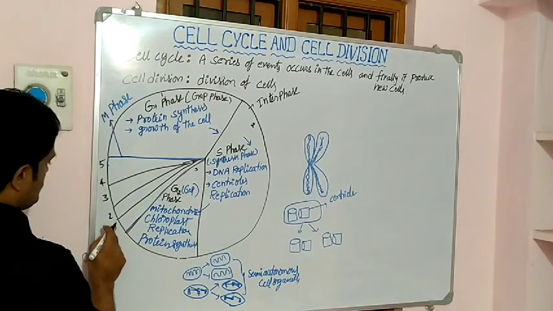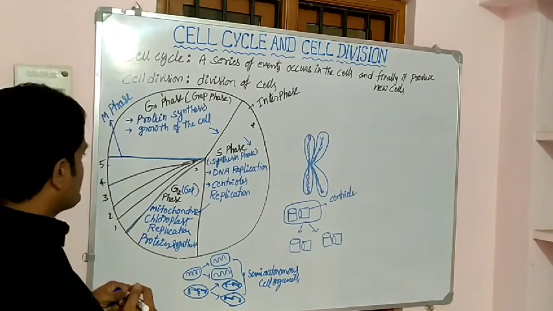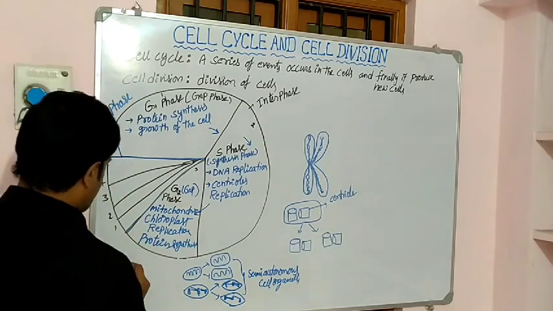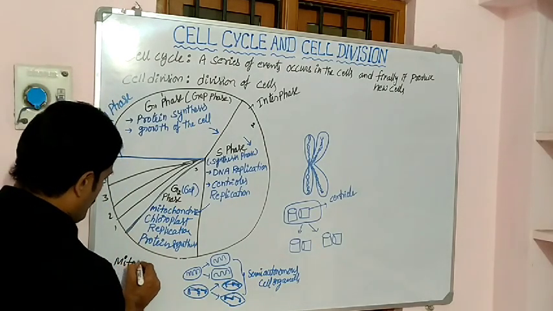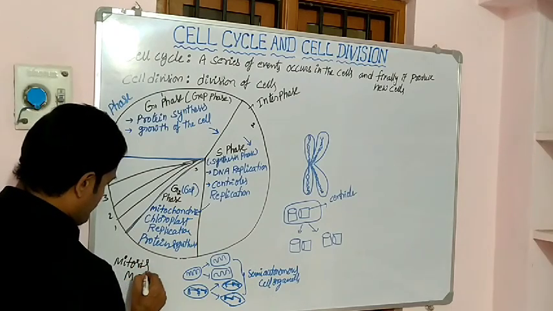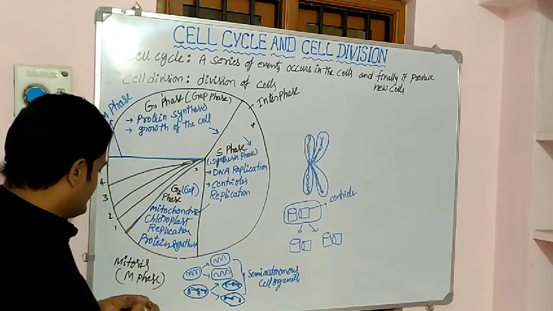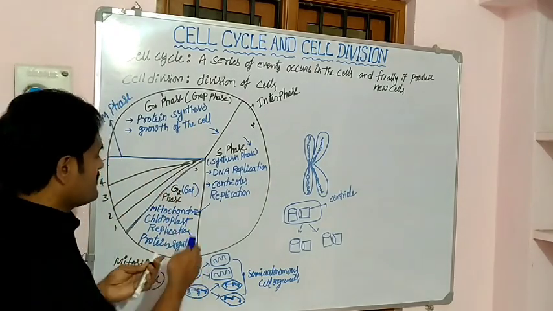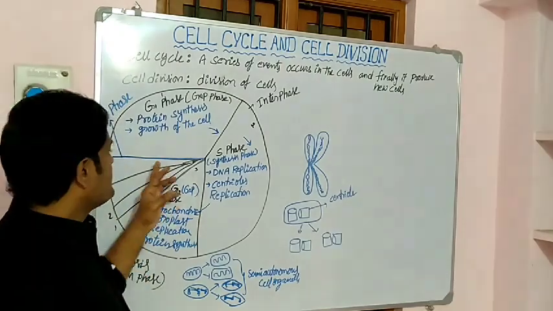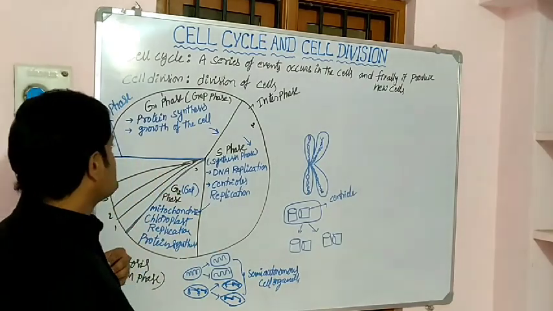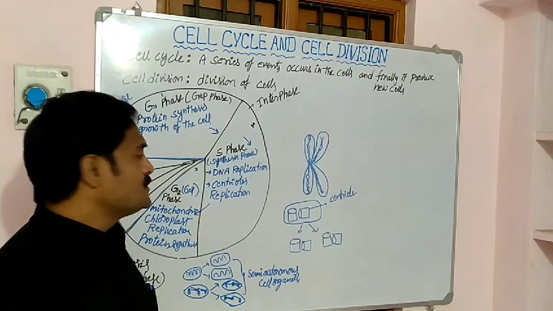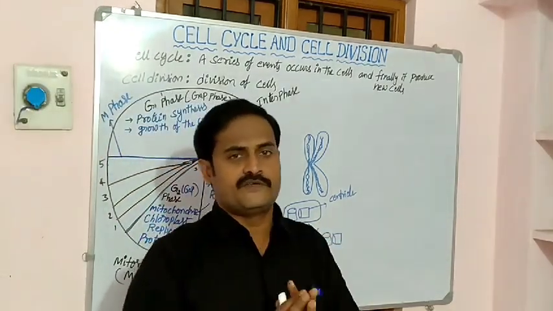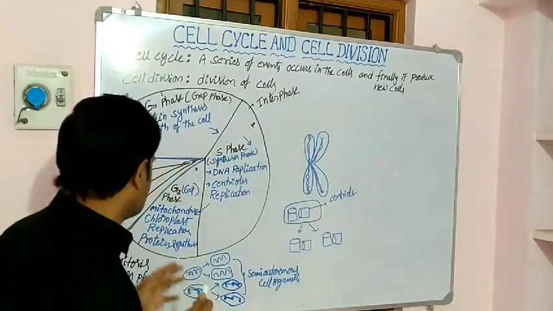So M phase means what? Mitosis phase. After completion of the interphase, the cell enters which phase? M phase. During the M phase, it also consists of 5 subphases. What are the subphases? We will see.